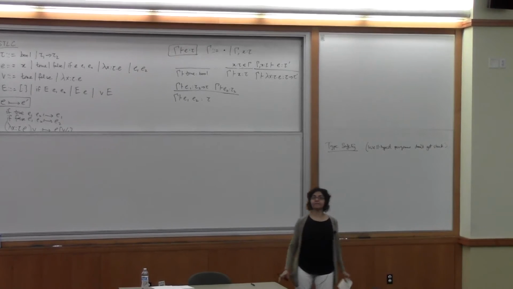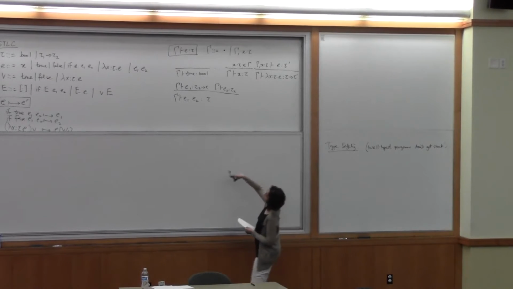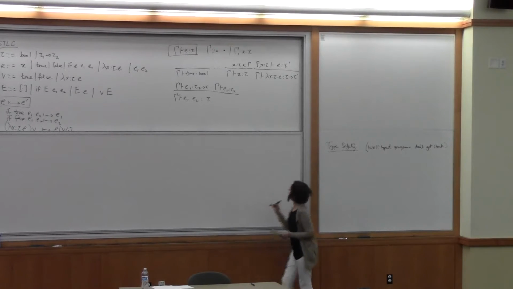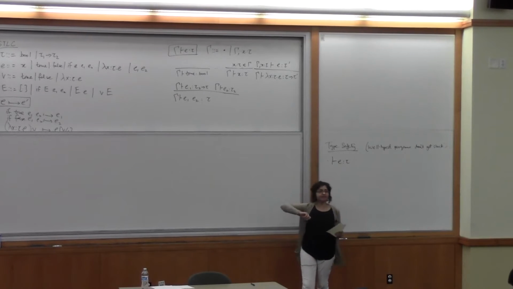So how do I say that? I've already hinted at it. Oh, it's on the other board. If E is a closed program of type T, what do I want to say?